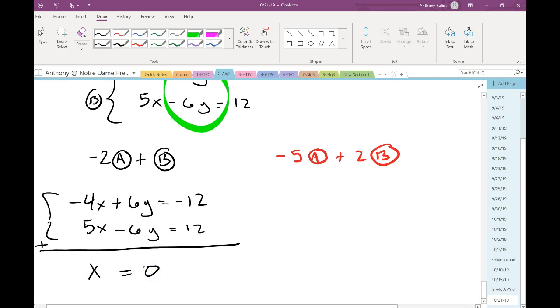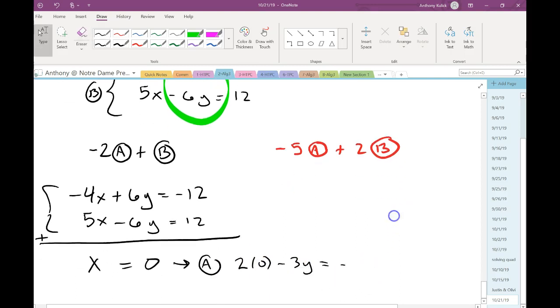So when I do that, I get x equals 0. And when I plug that back into equation A, I get 2 times 0 minus 3y equals 6, excuse me, positive 6. So y would be negative 2.